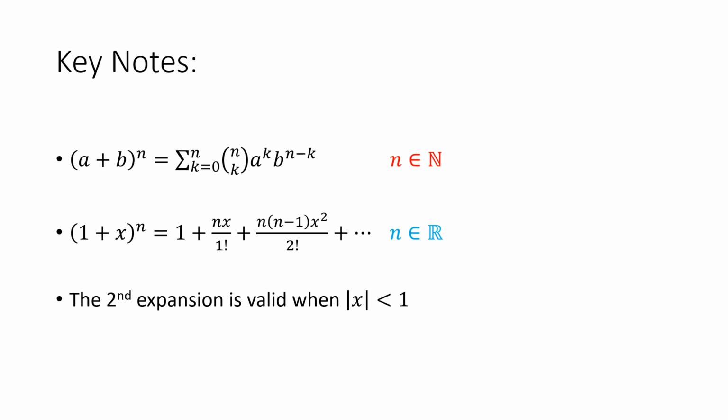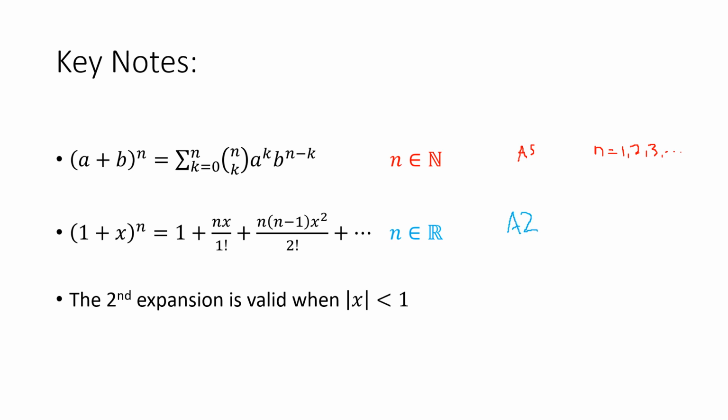Okay, so here are 2 equations that are really important for binomial expansion. The first one is what you learned in AS, and this expansion is only valid for natural numbers. That means n can take the value, let's say, 1, 2, or 3, etc. Whereas what you learn in A2 is that this expansion is valid for real numbers.